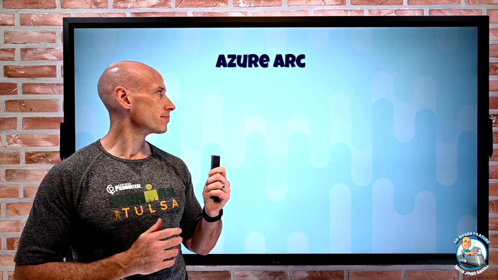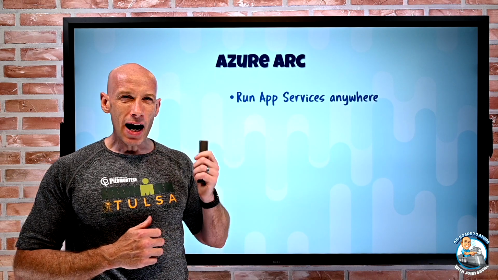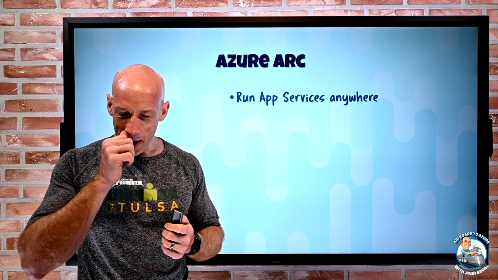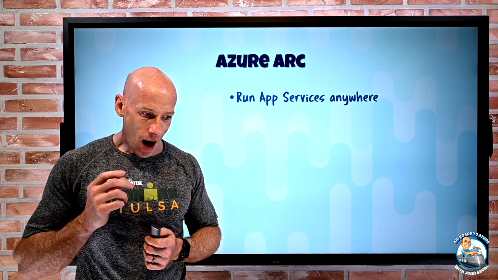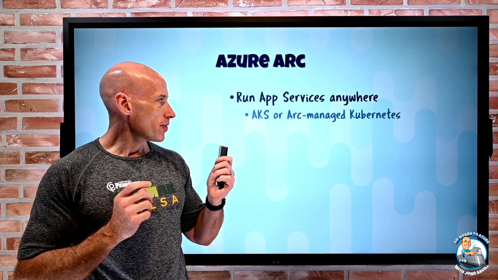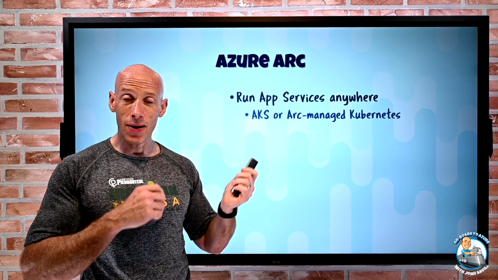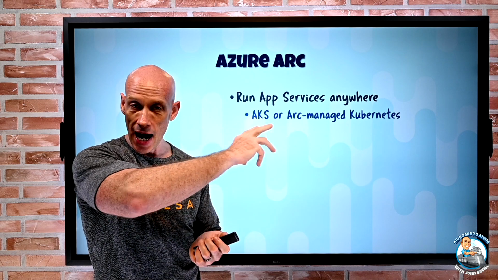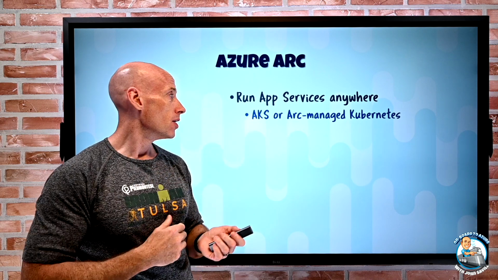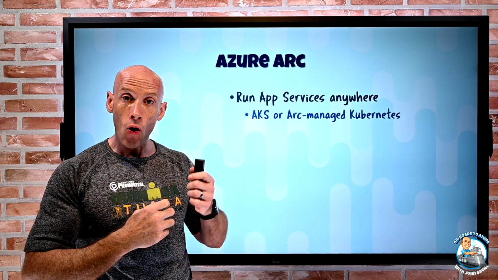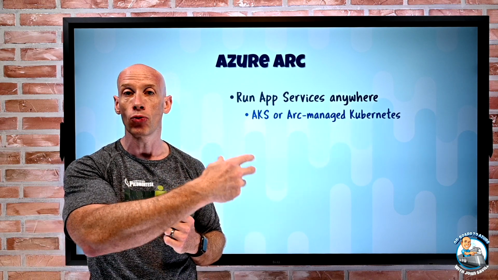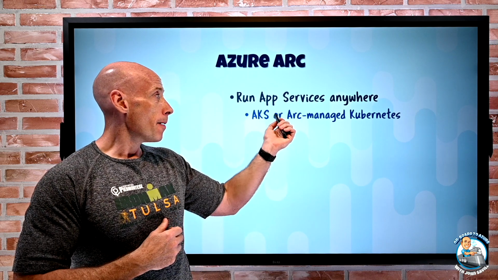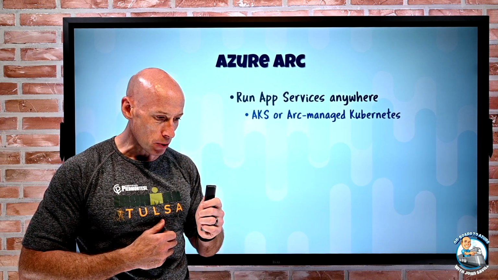So Azure Arc. We can now run app services anywhere. So this is kind of a super interesting thing they announced. I can now think about, well, this can run actually on AKS, so actually in Azure, the Azure Kubernetes Service, or AKS on HCI, or any Arc managed Kubernetes, any CNCF compatible Kubernetes distribution, I can now deploy this onto.